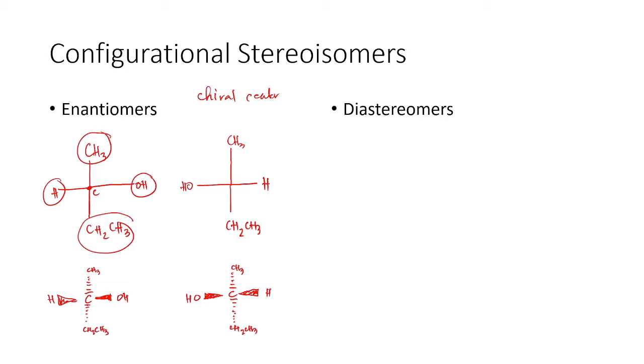So for the next part of our configurational stereoisomers, we have here the diastereomers. So for diastereomers, not unlike enantiomers, diastereomers are what we call non-mirror images. So by non-mirror images, there are actually two types of diastereomers.